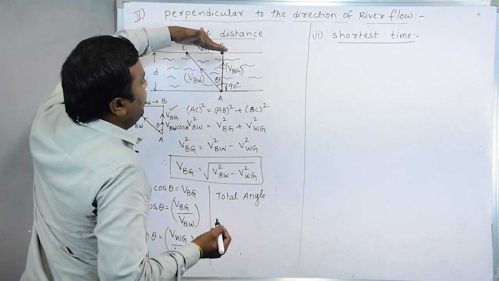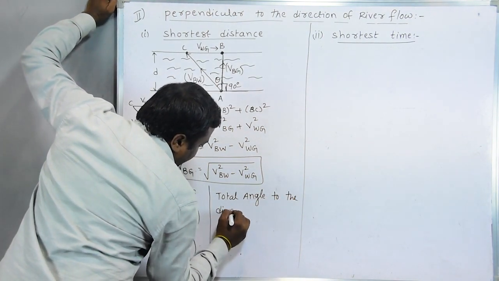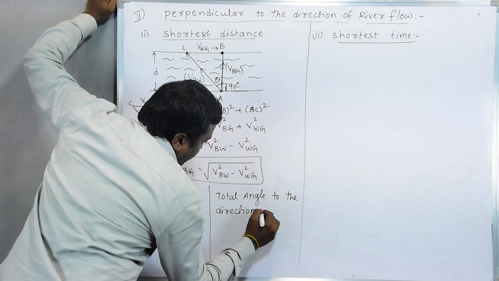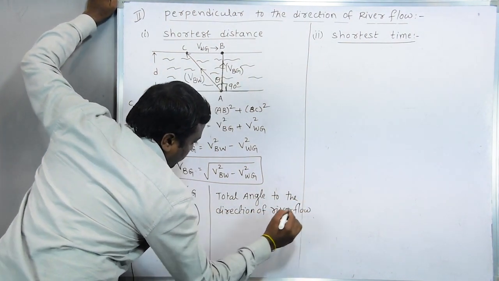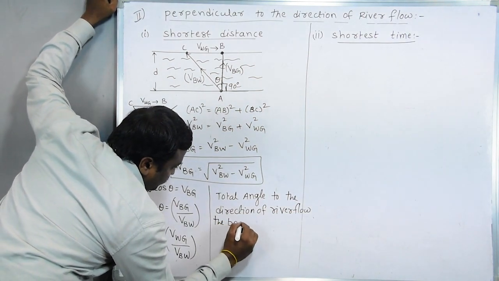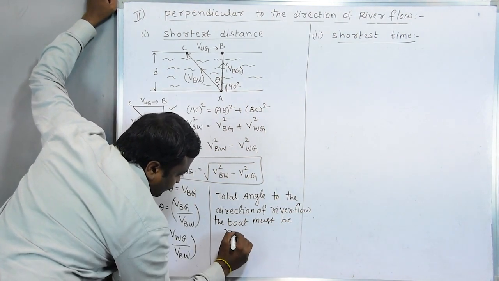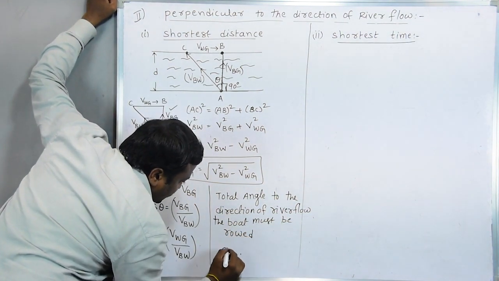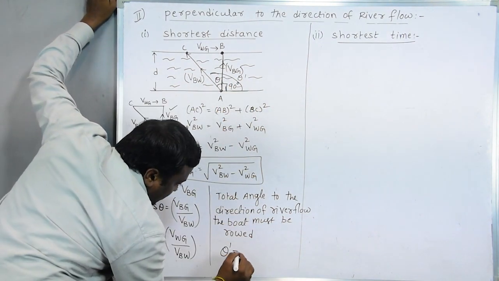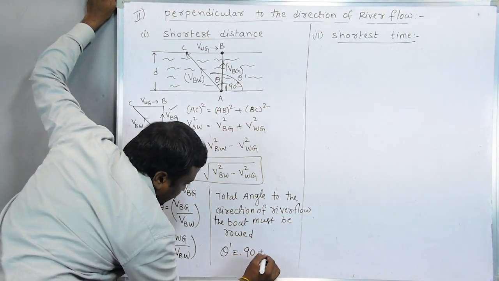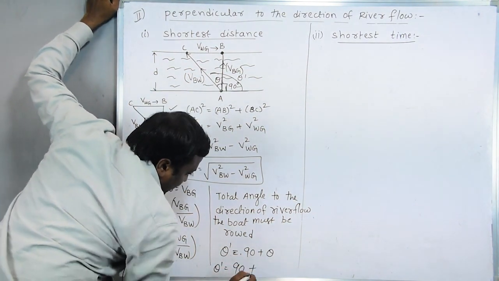And one more point it is possible to find here, the total angle. To the direction of river flow, the boat must be rowed at theta dash, where you consider this total angle theta dash equal to 90 plus this theta.